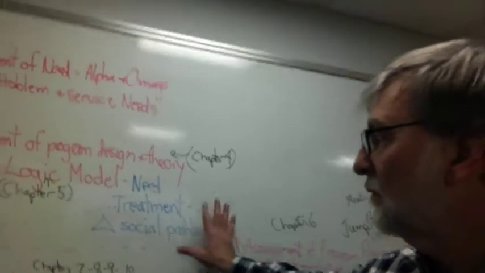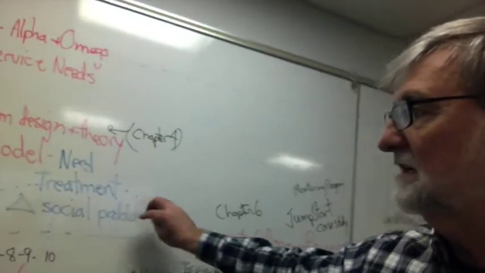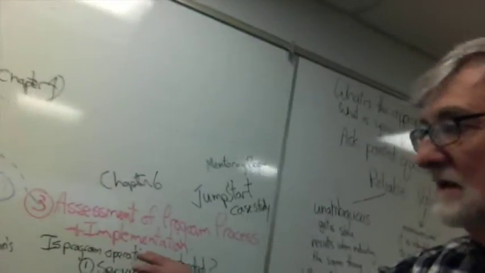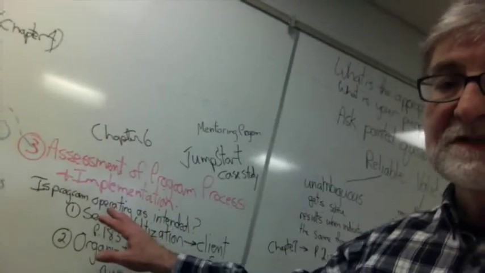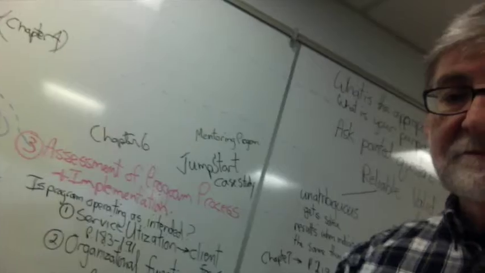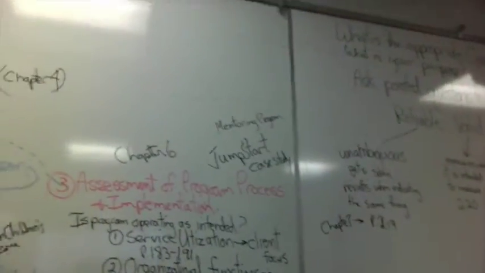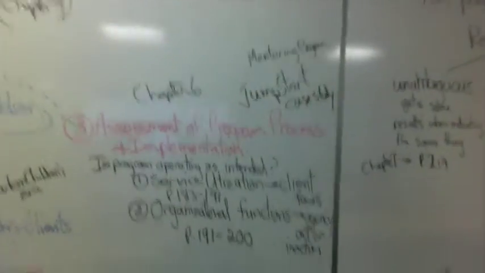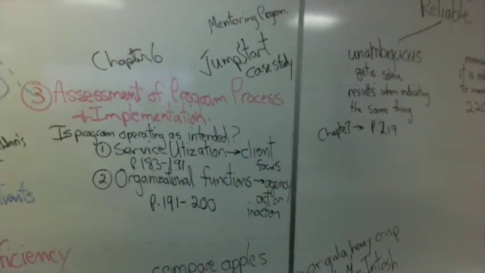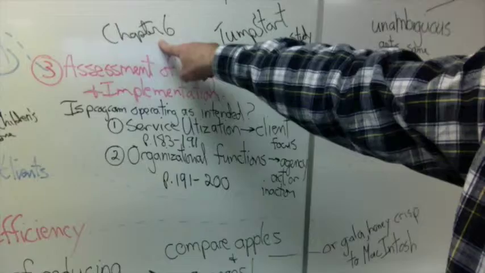Okay? And so when you know what it is you're going to try to do, then the next logical place to go is your assessment of program process and implementation. And that is covered in chapter 6.